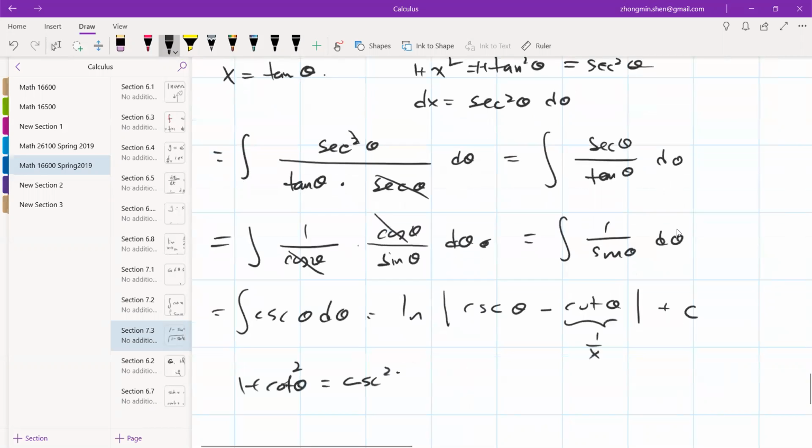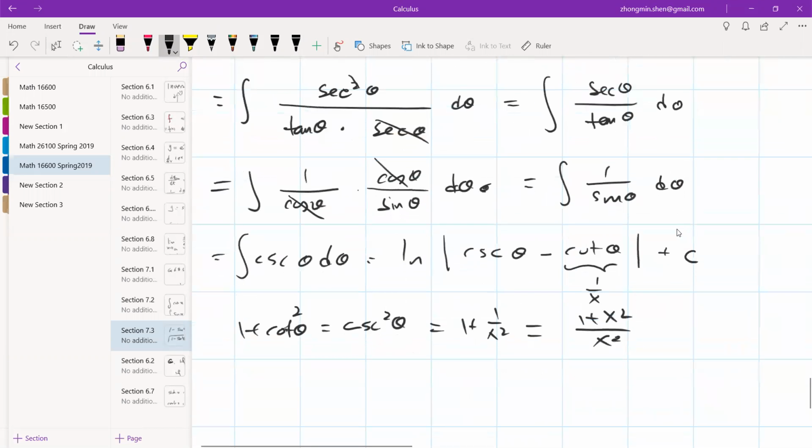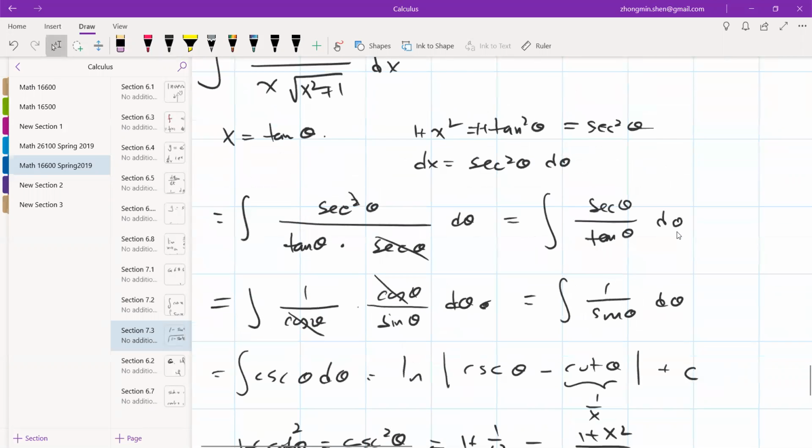But I know that 1 plus cotangent squared theta is going to be cosecant squared theta. So that means 1 plus 1 over x squared. Right. So cosecant theta is going to be positive now, right? Because theta is between 0 and pi over 2.